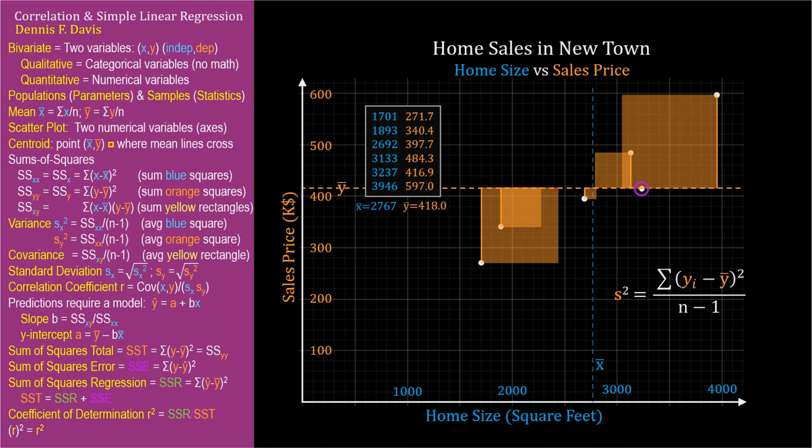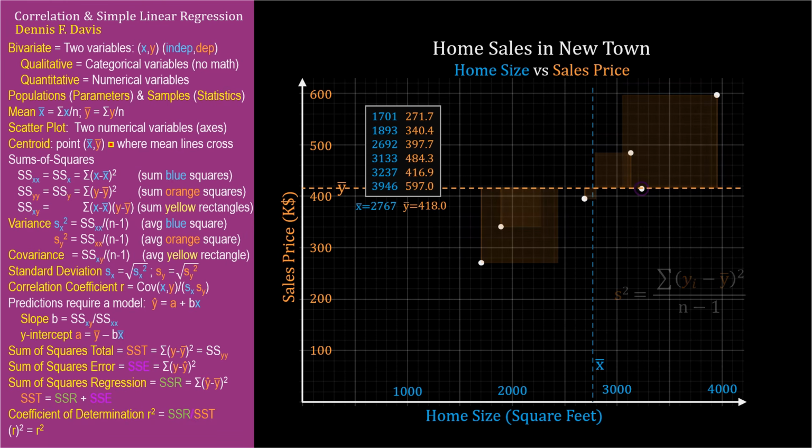If you can see a formula's picture in your head, then math can be a rewarding adventure in understanding rather than a worrisome exercise in memorization. And this is especially true for correlation and linear regression, because the scatter plot is the perfect backdrop for visualizing all the formulas. Okay, now for some vocabulary.